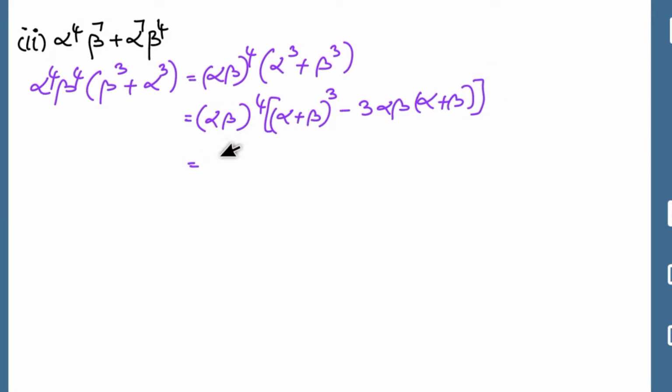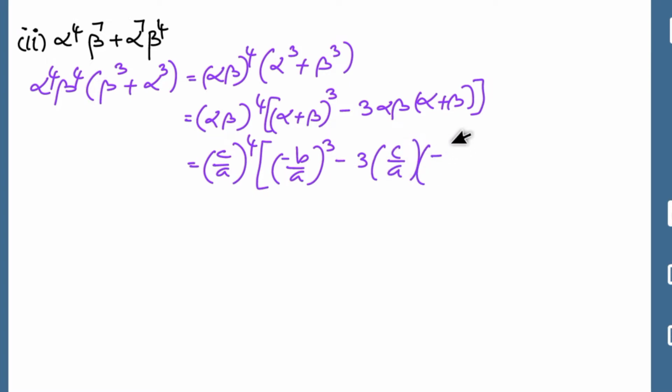Now substitute. Alpha beta, the product of the roots, is c by a, whole power 4, into the sum of the roots, minus b by a, whole cube, minus 3 into the product of the roots c by a, into the sum of the roots minus b by a.